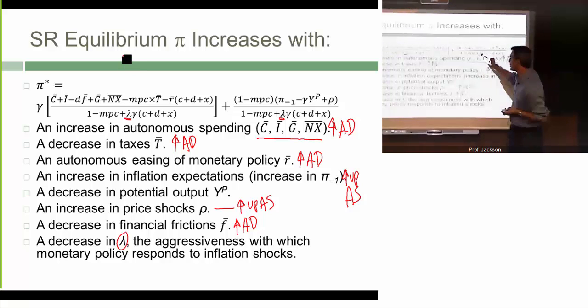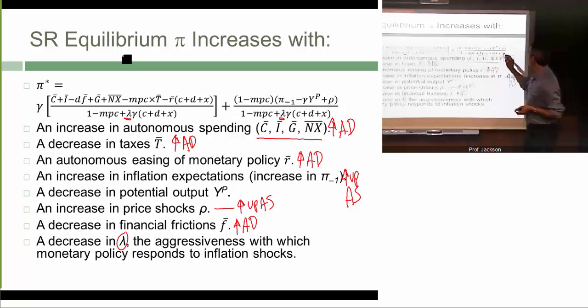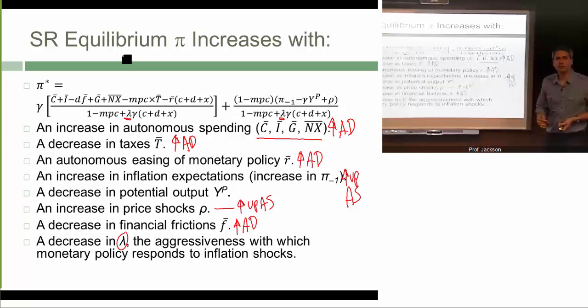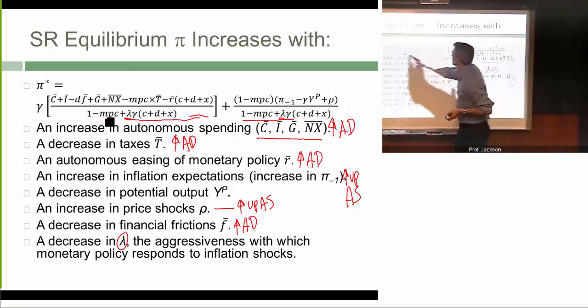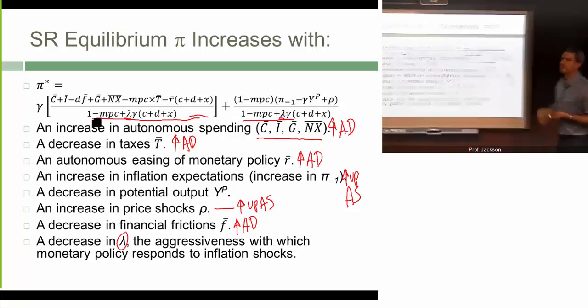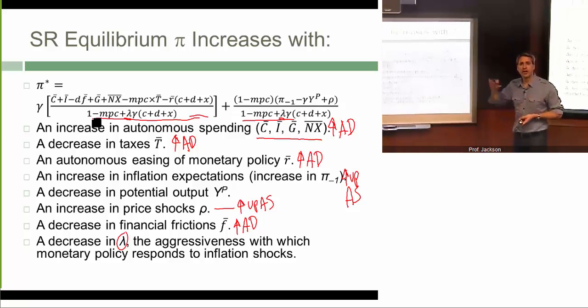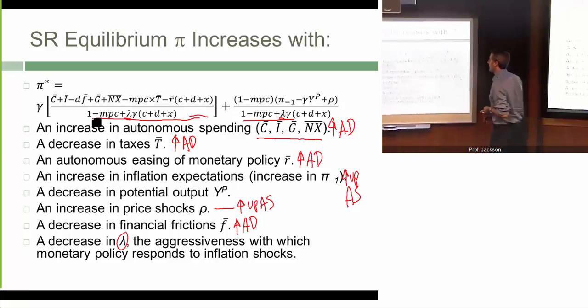No, sorry, when lambda goes down, we're decreasing lambda, okay? So when lambda goes down, the value in the denominator is going to get smaller. That's the thing on the bottom, right? And since the thing on the bottom of both of these equations is going down, then inflation is going to rise as a result. The overall value is going to go up.